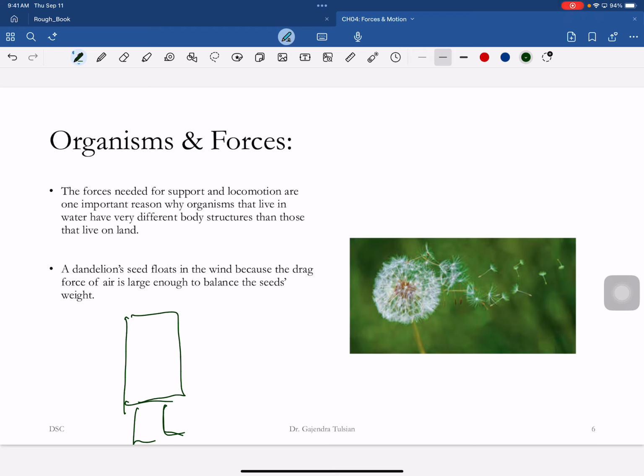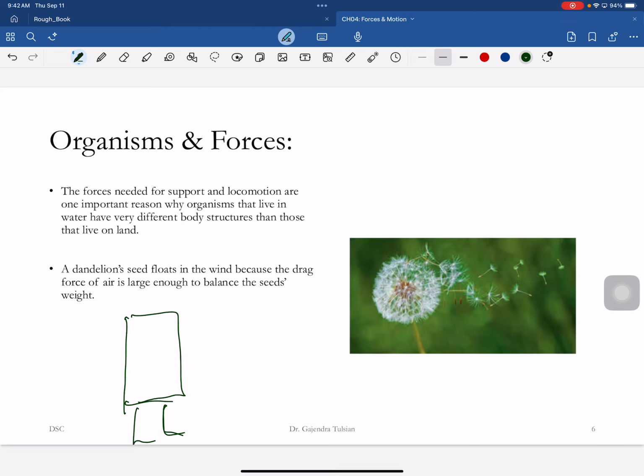When I'm standing, my weight is 165 pounds, something like that. That's the force with which Earth is pulling me. Why am I not going into the ground? Because the ground is exerting the same amount of force, 165 pounds, back on me. My body structure has to be strong enough to bear that.